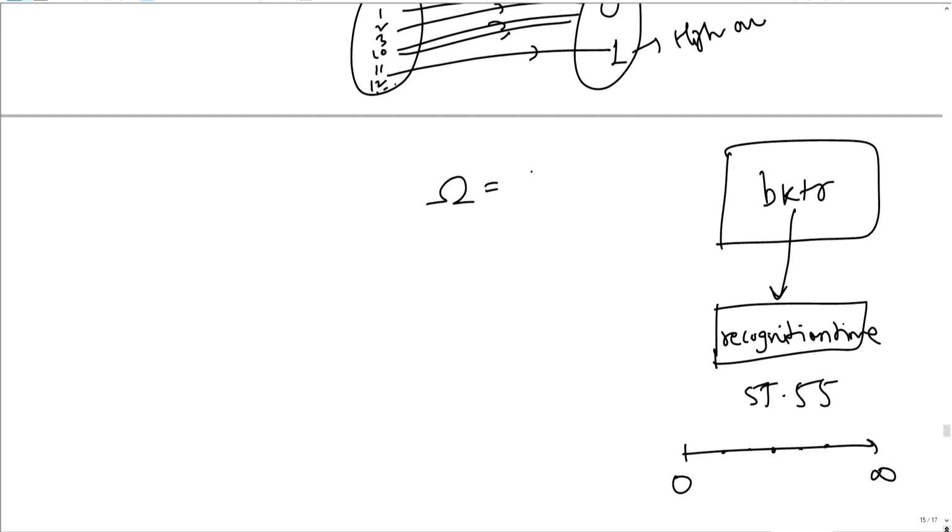Omega is the set of all positive real numbers. This is your sample space now. It could be any point on this real number line. Now this is interesting because now your sample space, for the first time in the examples you have taken, is not discrete anymore.